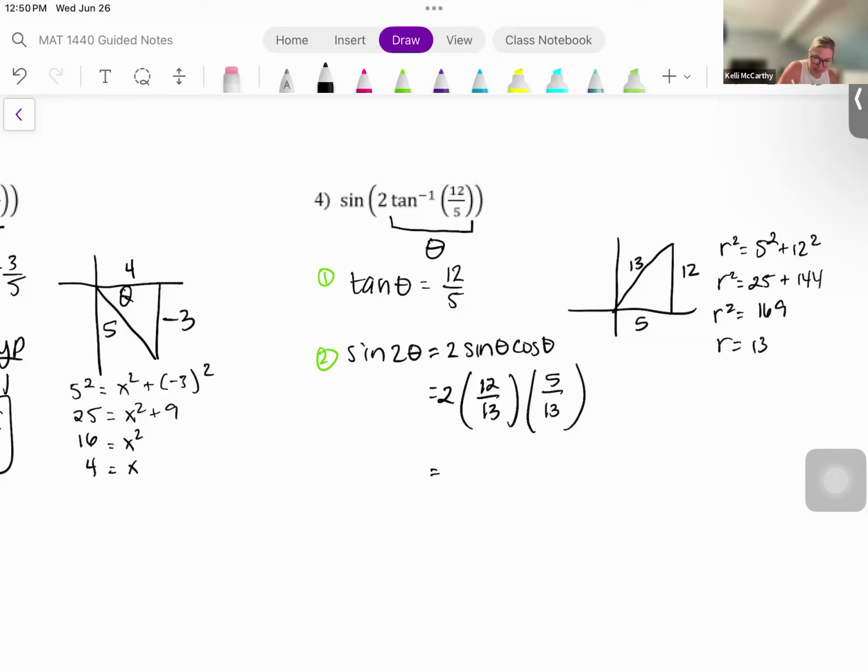Multiplying this across, 2 times 12 times 5 is 120, and 13 times 13 is 169. I didn't check to see if that's simplified. Let me look. Nope, it does not simplify. So that's our final answer.